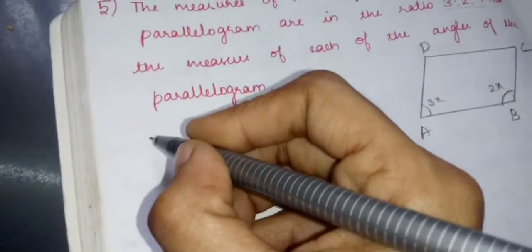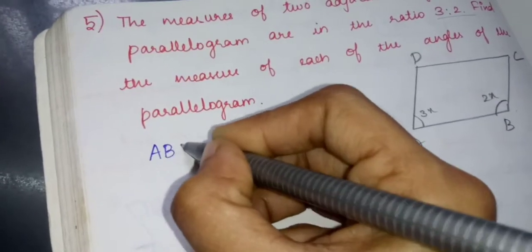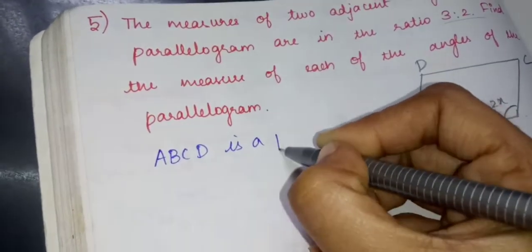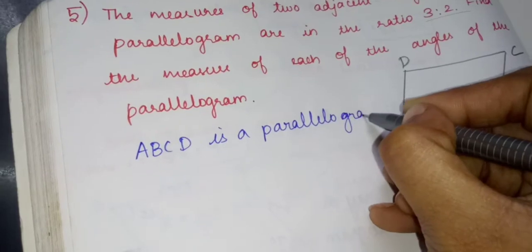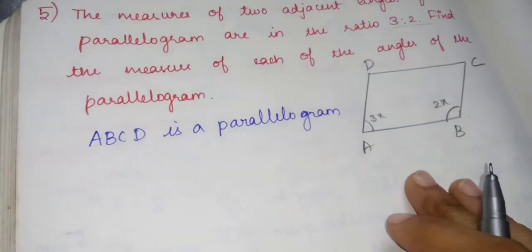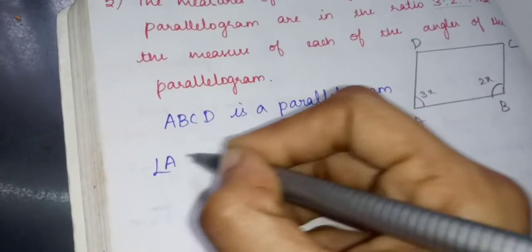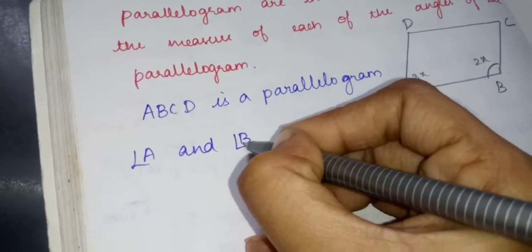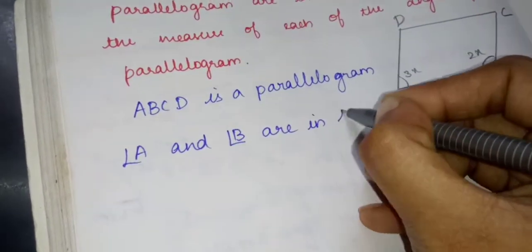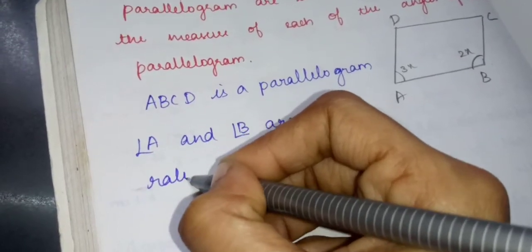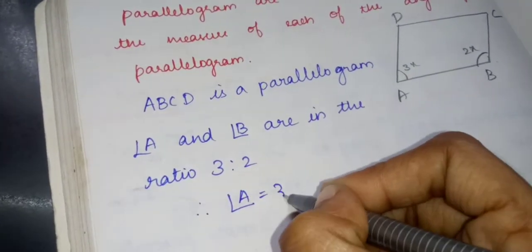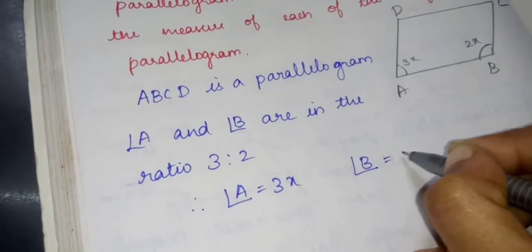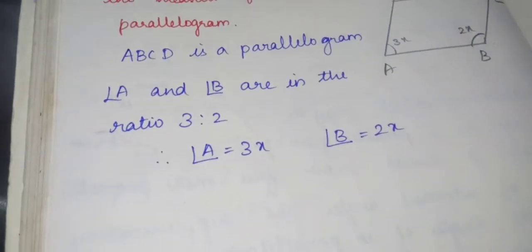Now we want to find angles A, B, C, D. Now we are going to start with: ABCD is a parallelogram. Is it correct? ABCD is a parallelogram. Angle A and angle B are in the ratio 3:2. Therefore, angle A is equal to 3x, angle B is equal to 2x. Is it correct? Yes.